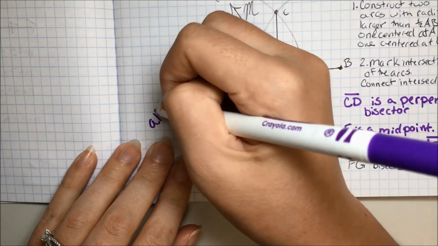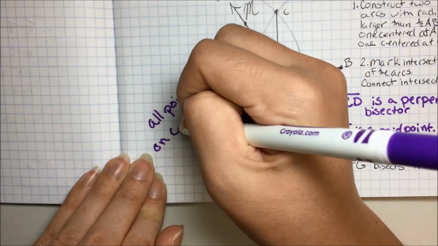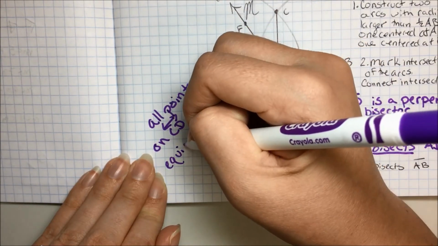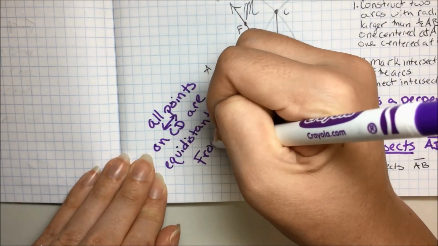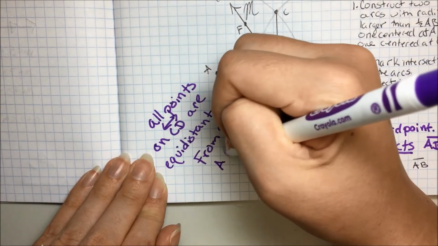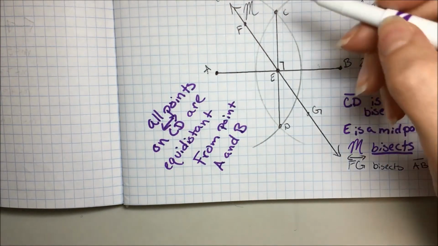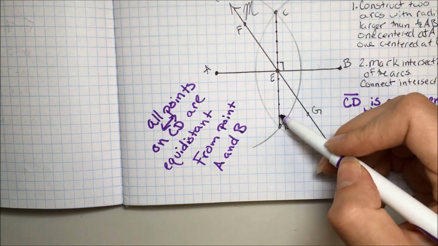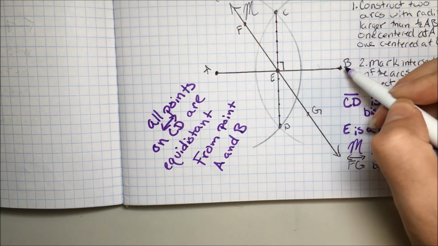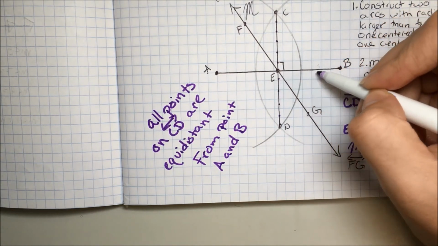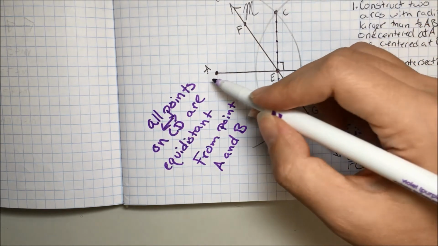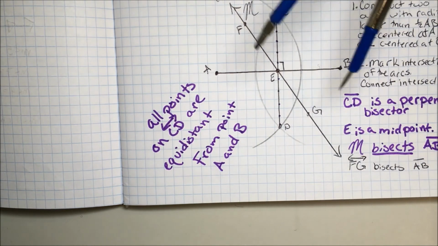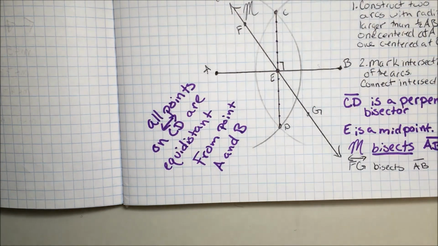All points on line CD are equidistant, that means equal distance, from points A and B. So if I take this point right here, it's the same distance from B as it is from A. This point right here is too, and E is the same distance from B as it is from A. All of the points here are equidistant because all of these points can be found on circles centered at A and B with equal radii.